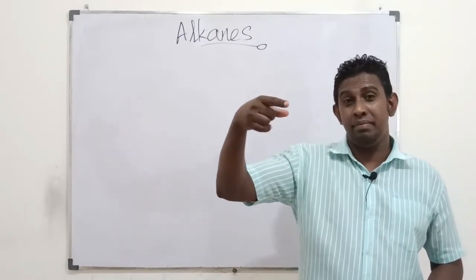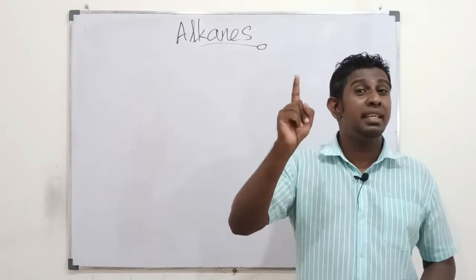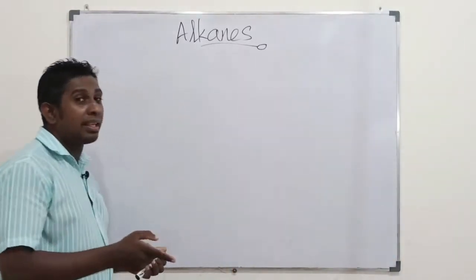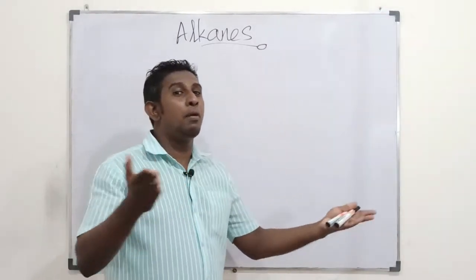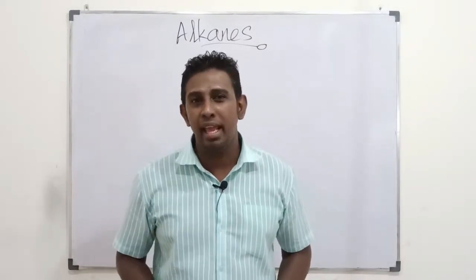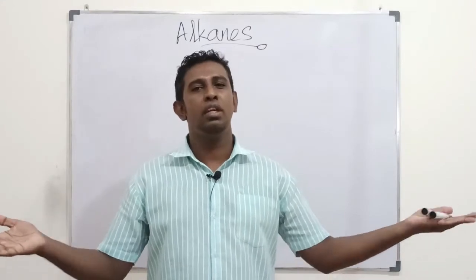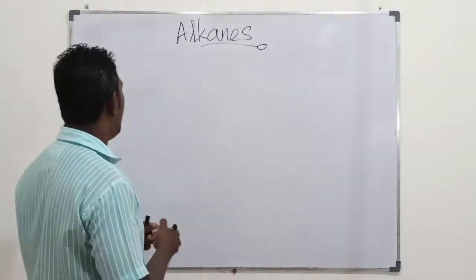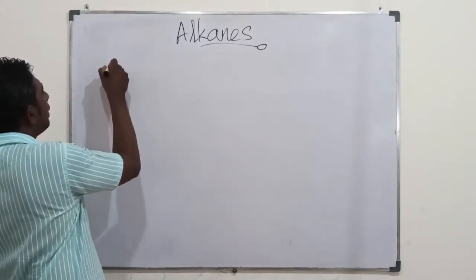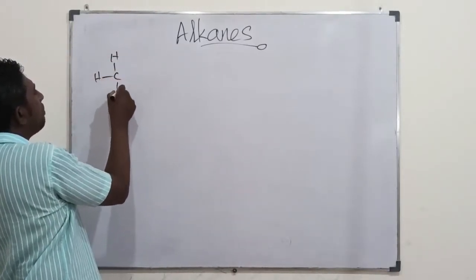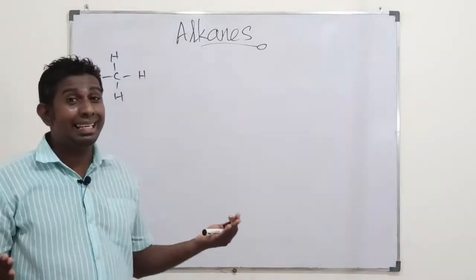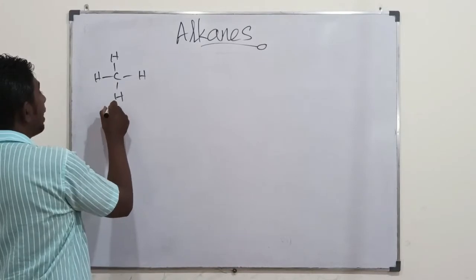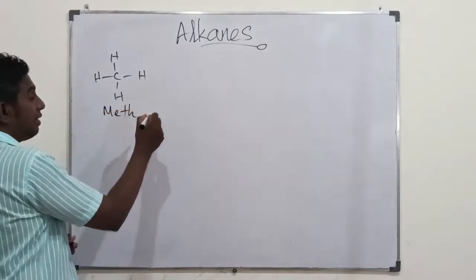So the first 10 numbers in Latin take meth, eth, prop, but, pent, hex, hept, oct, non, dec. Then students, it has no double or triple bonds. The very first member in the alkane series is with one carbon, which in Latin is meth.